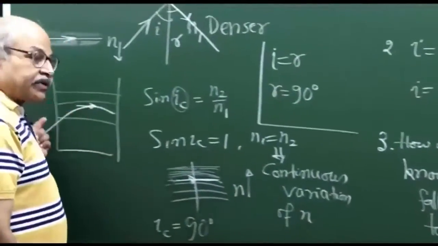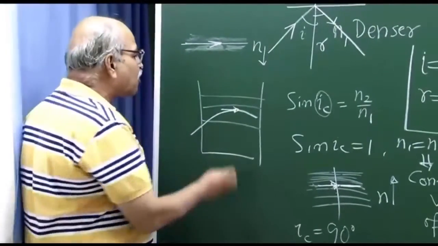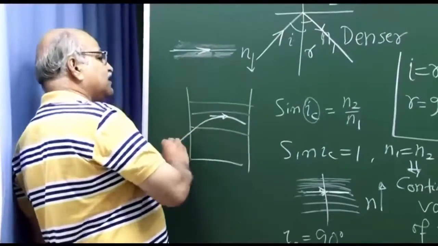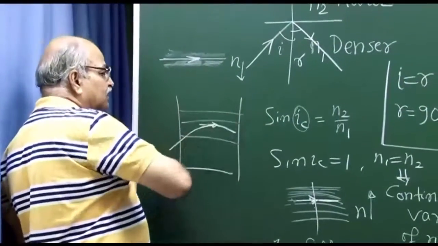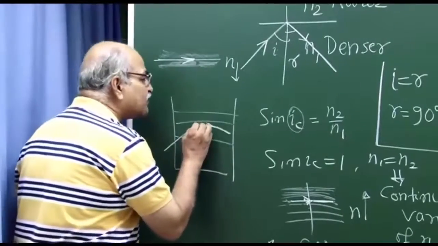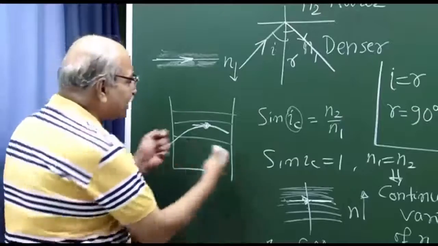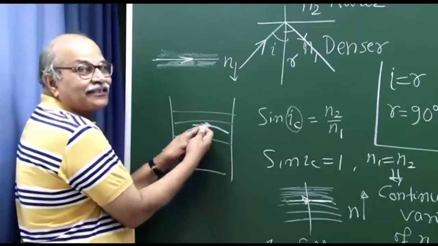The previous history is something which we don't need. We cannot talk of that. In the past it was coming from denser side and all that. At this point what happens when it has become horizontal? It's not a hysteresis that the previous history will decide the future.